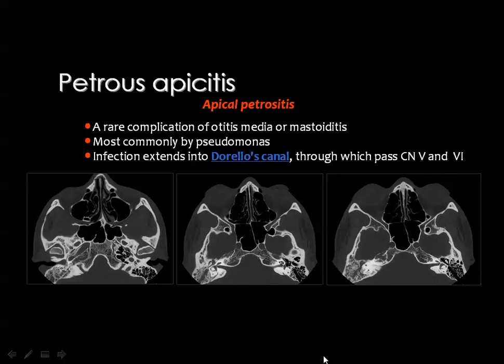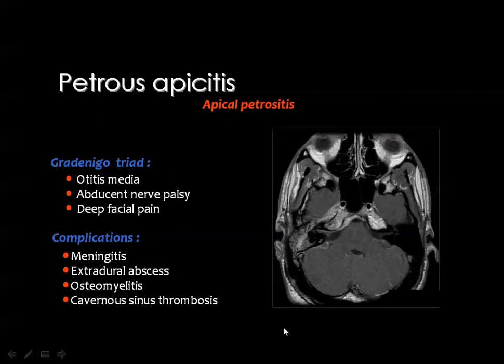In the CT scan, you can see some bone erosions and rarefaction in the affected apex of the petrous bone. And usually you do not see enhancement in the affected area, but minimal enhancement can be appreciated.